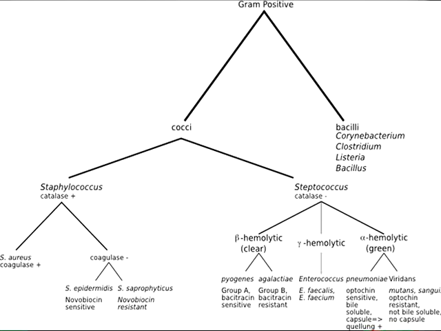This is the pneumococcus, or Streptococcus pneumoniae, and the viridans groups, on which you can then do additional testing: bile solubility, the presence or absence of a capsule, capsules being present on pneumococcus, and also sensitivity to certain antimicrobials as clues to its identification.